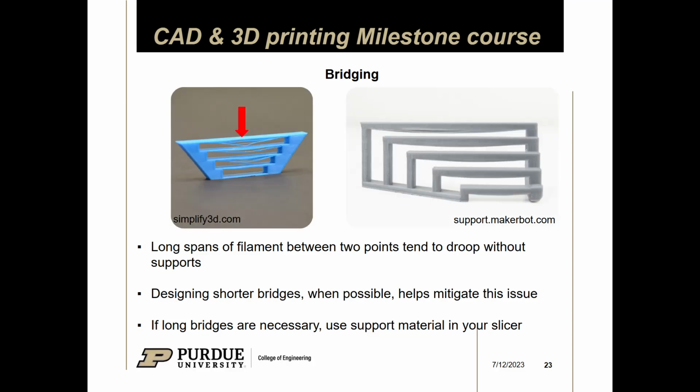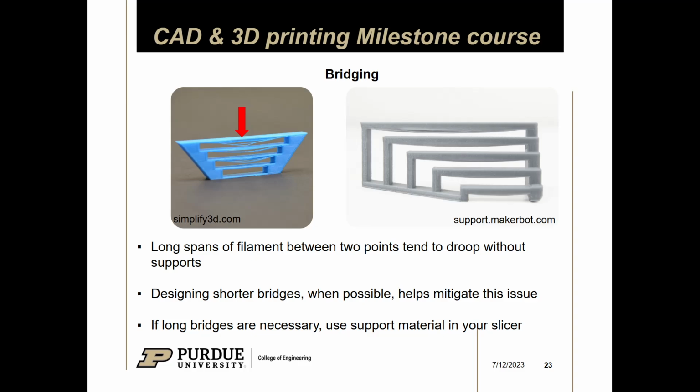The other thing is bridging. In some cases, you'll have a part of your model where there's a span between two places with nothing in between, and that's what we call a bridge. It's similar to that unsupported model I showed you with the cylinder sticking out, but in this case there is something on the other side. And 3D printers are capable of bridging over shorter distances.